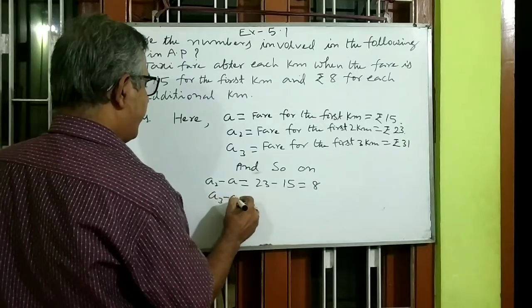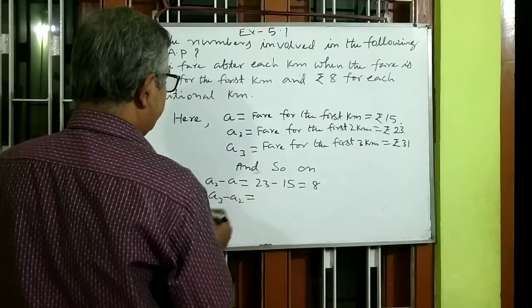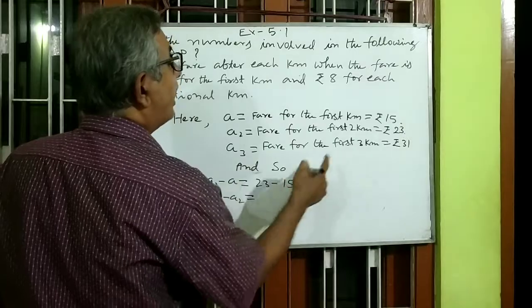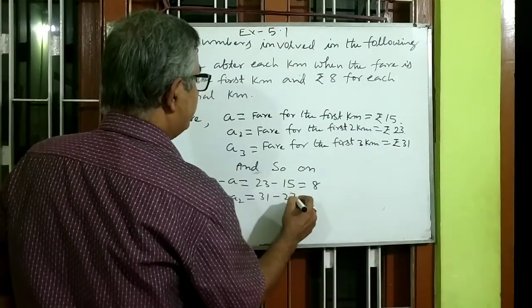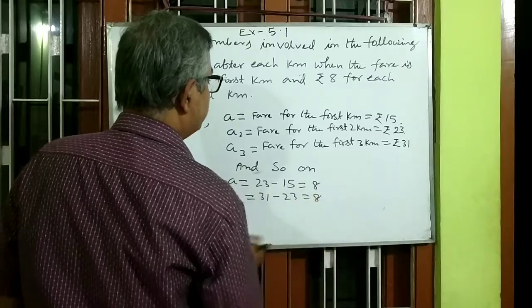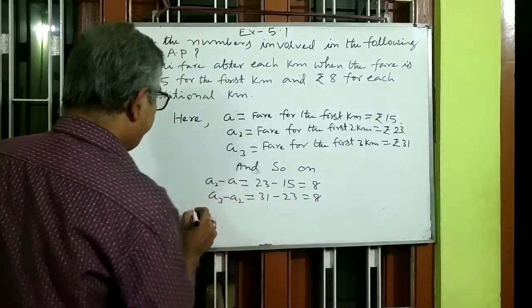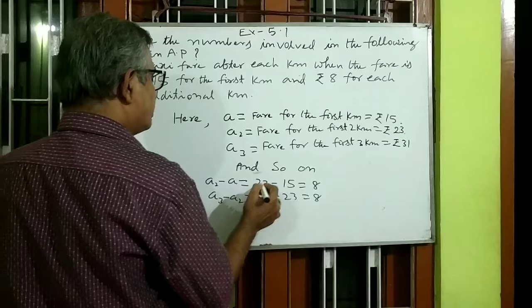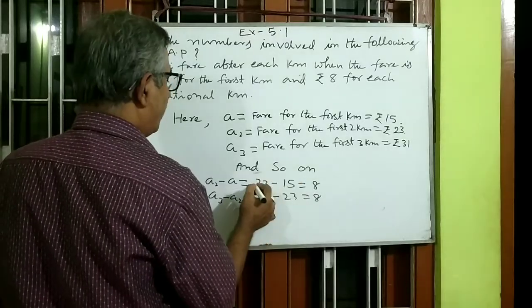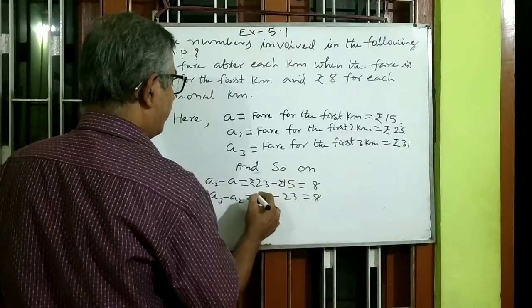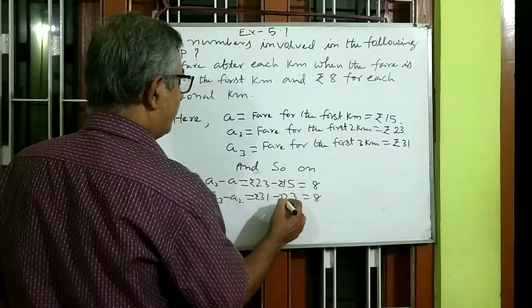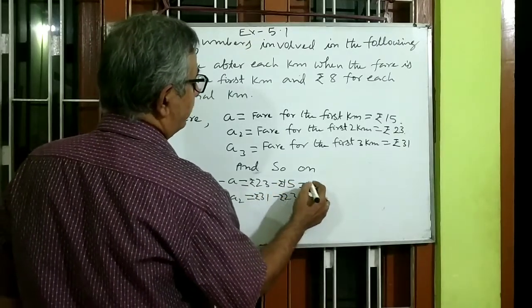A3 minus A2, 31 minus 23, you get 8. And this should be in rupees, because always you write rupees.